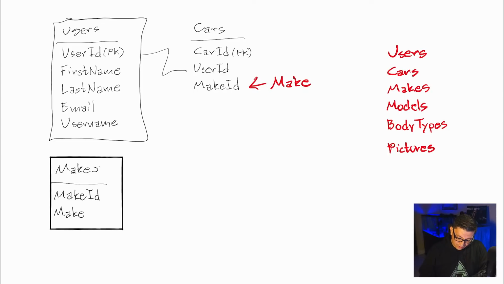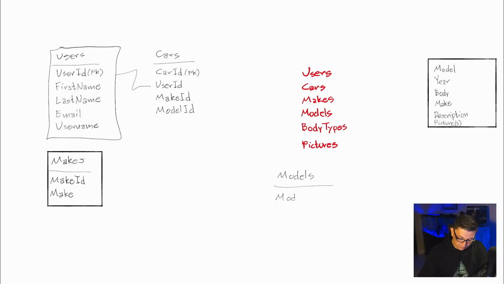Okay, so let's continue. The next thing that we are going to break out will be the model. And here it's the same thing that we were doing before, right? So we're going to have model ID, and you probably guessed it, this will go to a models table. And again, this will be model ID and model.